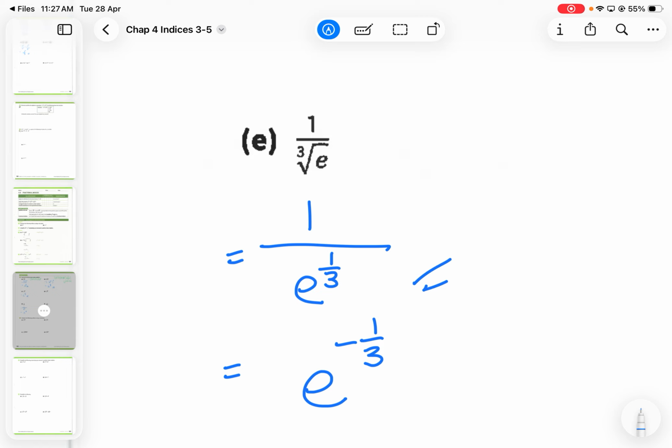Either one also can. But you must know you can change. You can change something, bring it from denominator to numerator or from numerator to denominator if you change the sign of the power. Denominator go to numerator, then positive 1/3 become negative 1/3.